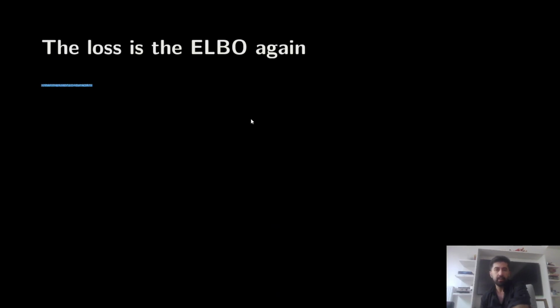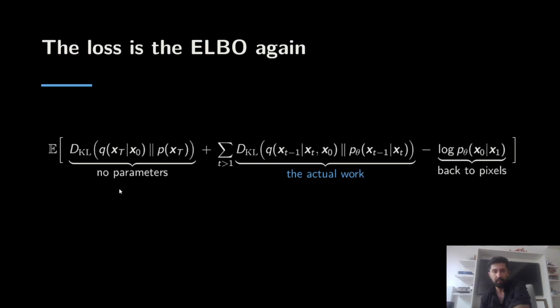Again, we go back to the expression of the ELBO. This is the expression of the ELBO. The first term is a KL divergence of q of xt knowing x0 in comparison to p of xt. This has no parameters.